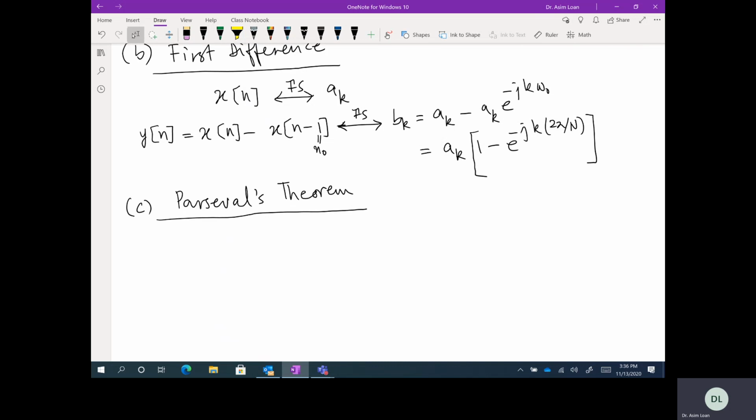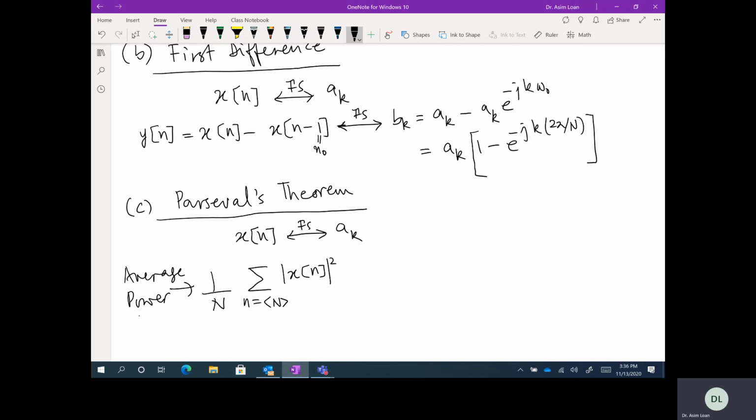In Parseval's theorem, if x[n] has Fourier series a_k, then if I want to find the average power, it is 1/N times the sum of |x[n]|^2. This is the average power in n; time or n is one and the same thing.